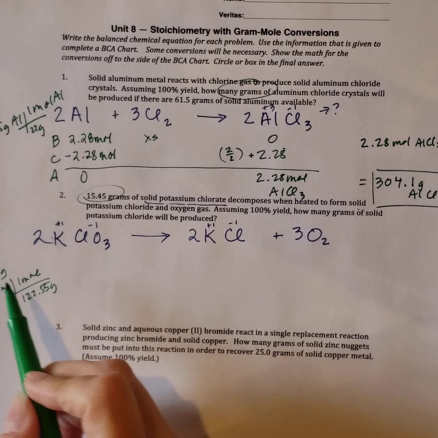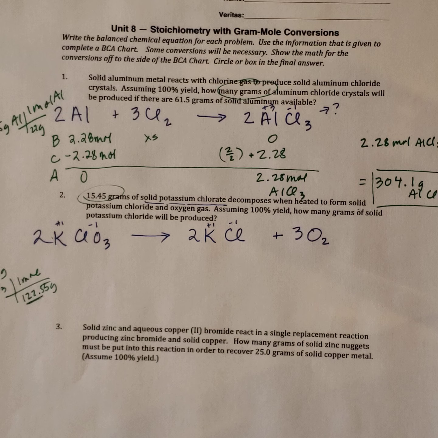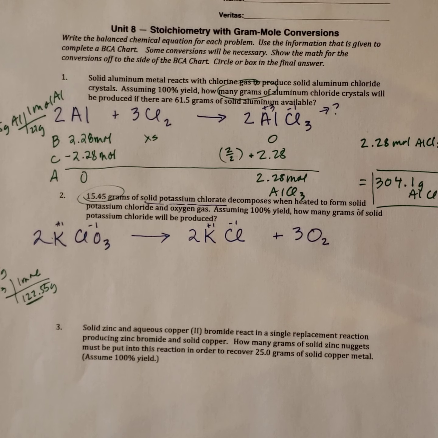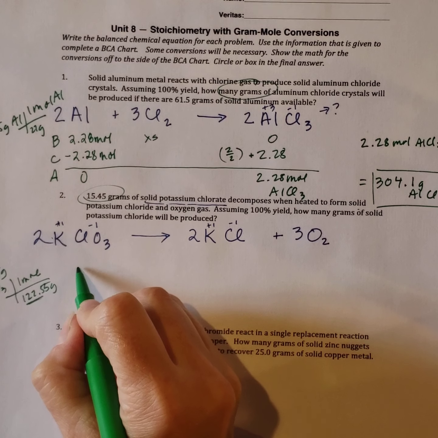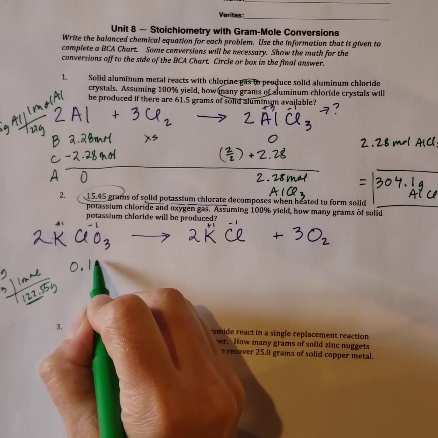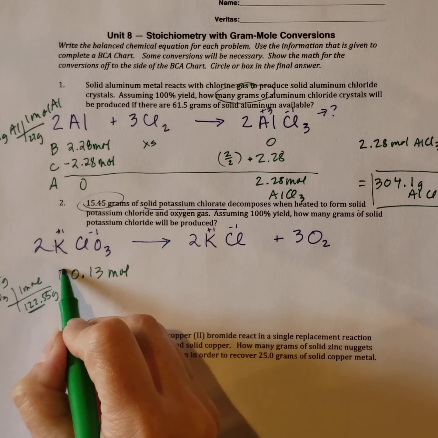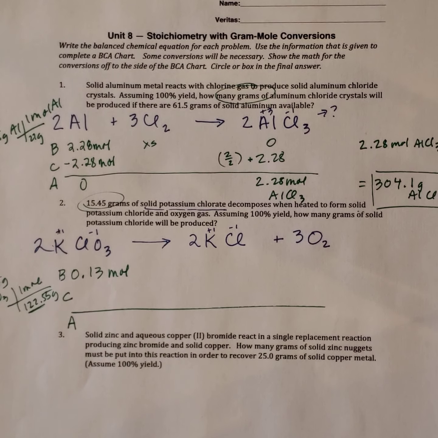So I'm going to take my 15.45 and divide it by my 122.55. And that gives us 0.126. I'm going to round it up to 0.13 moles. So this is my before, my change, and my after.